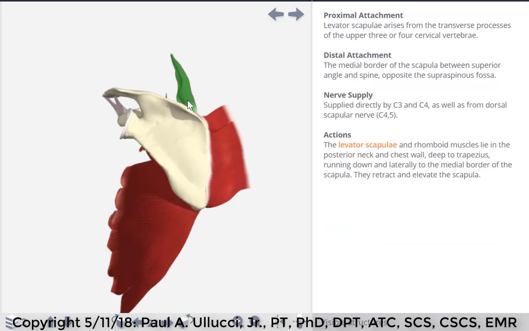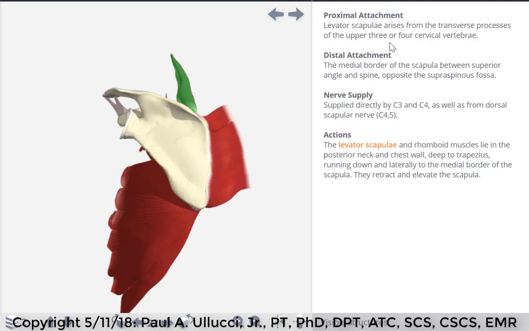This is the levator scapula. You see that's a little bit less writing, a little bit easier. You're going to want to know that it attaches to the transverse processes of the upper 3 or 4 cervical vertebrae. Why am I not being specific? Because in certain cases, you have patients who will only go to C1, C2, and C3. In other cases, it goes all the way down to C4. This is an anomaly.